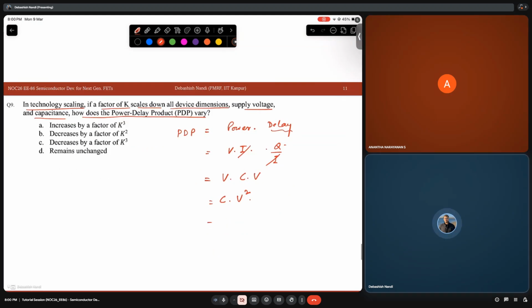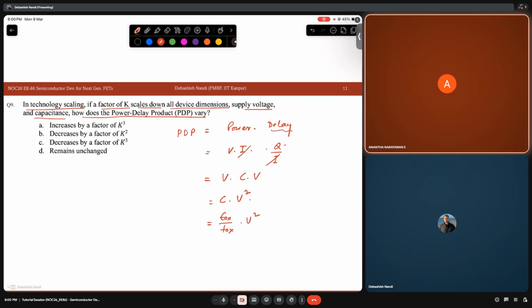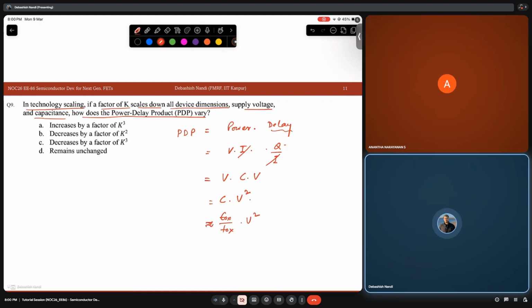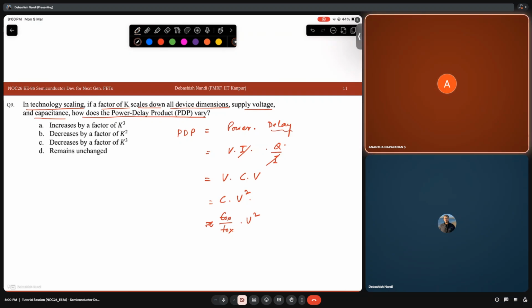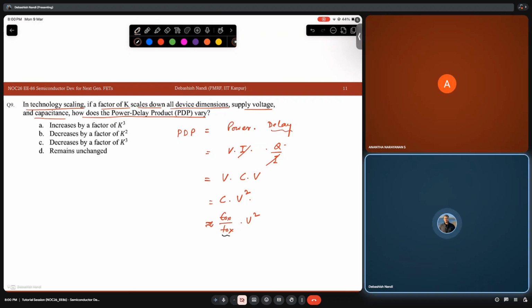What is C? Epsilon ox by T ox. It is just an approximate analogy, right? So Tox is scaled by 1 over k, and V is scaled by 1 over k square.